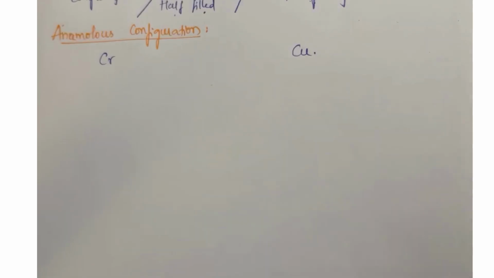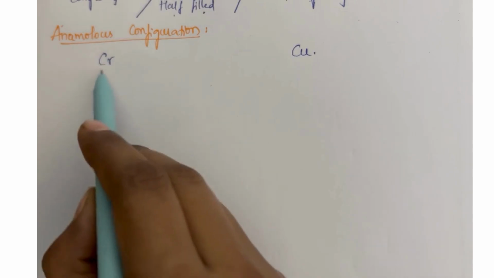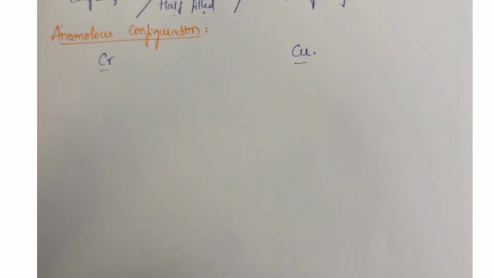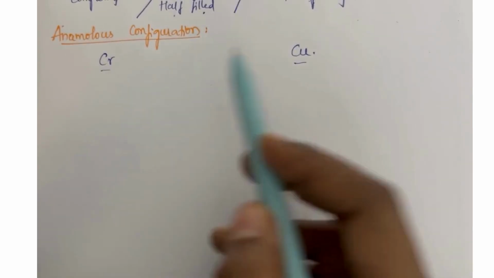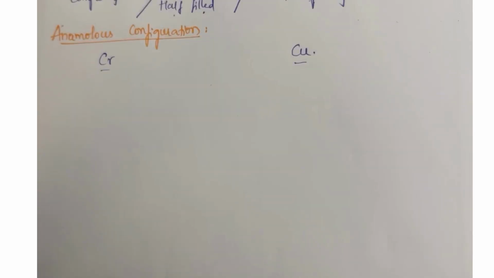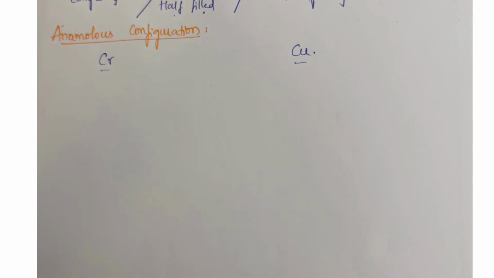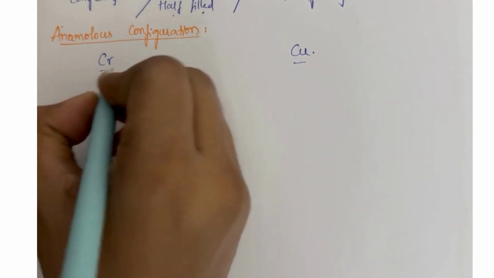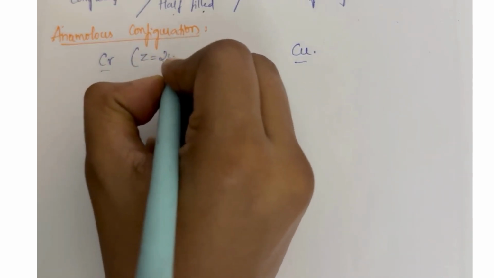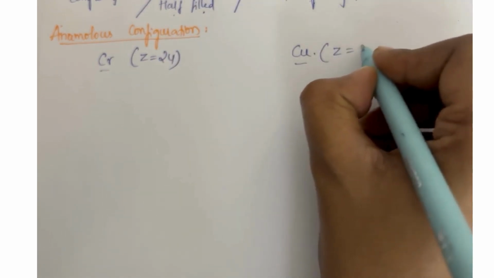Let us talk about the anomalous configurations. Anomalous configurations are mainly observed in chromium and copper, where the electronic configuration deviates from the expected configuration. Such configurations are called anomalous configurations. The atomic number for chromium is 24 and for copper it is 29.